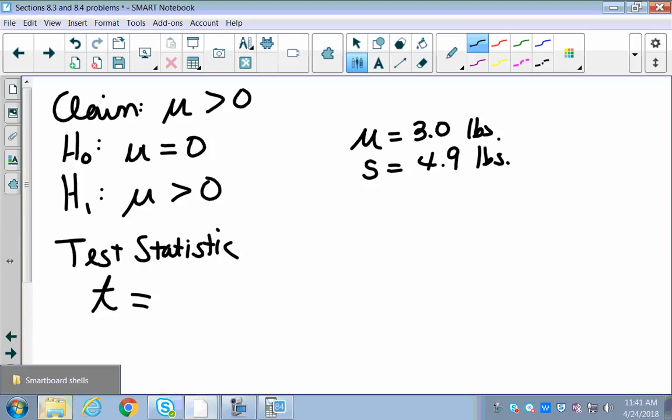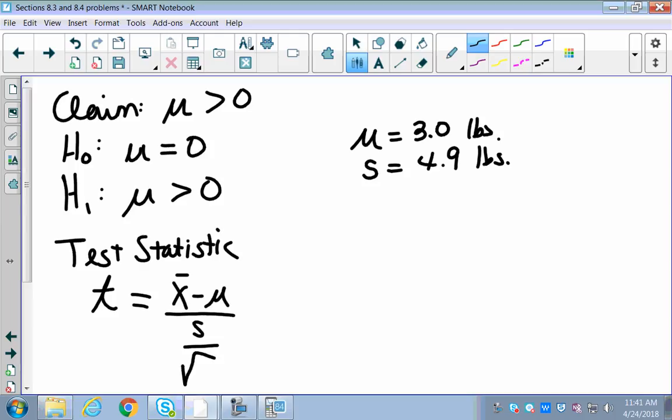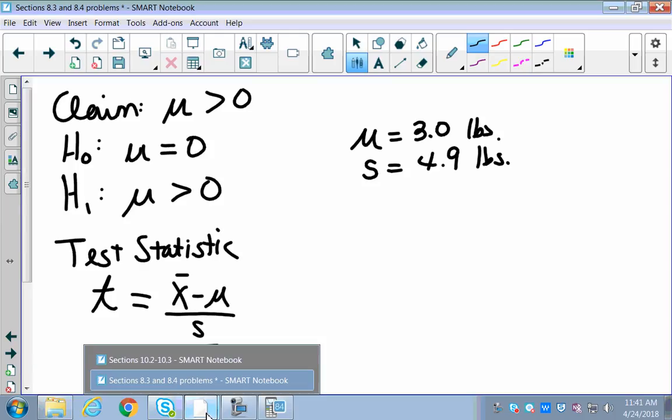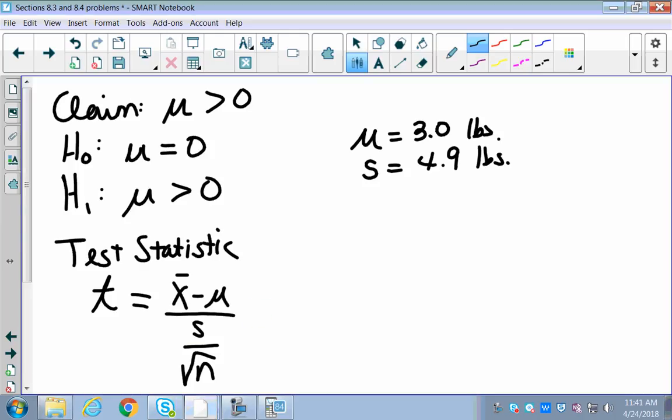So to find my t, x-bar minus mu all over... We're going to write what we're writing.